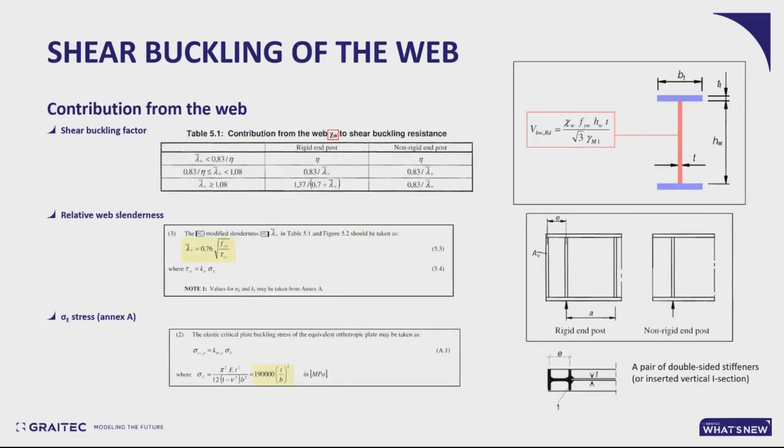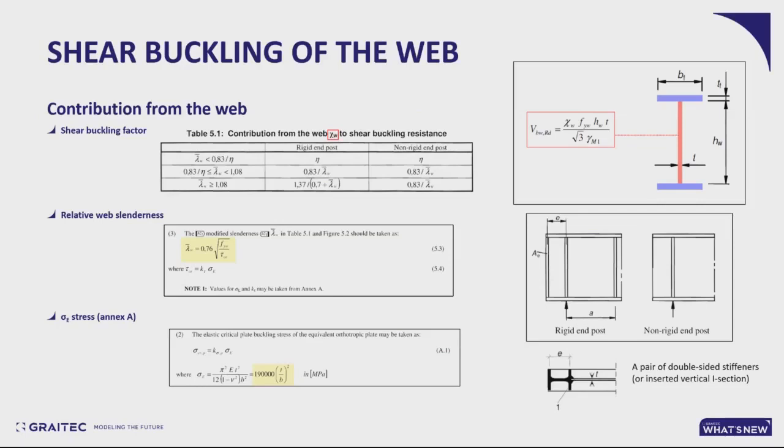To estimate the contribution from the web, first you need to find out the kappa W factor, which is a buckling factor of the web. It depends on the relative slenderness of the web, based on a sigma I stress related to the dimensions of the plate itself, but also on the type of transverse stiffener that you have at the beginning of the plate.